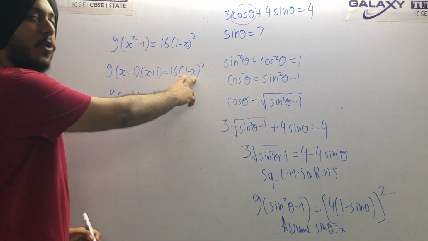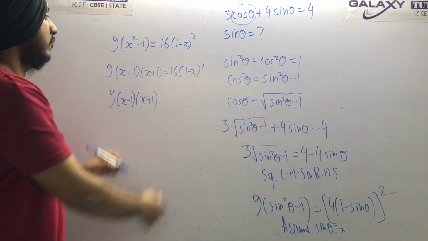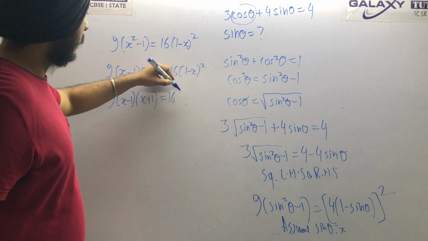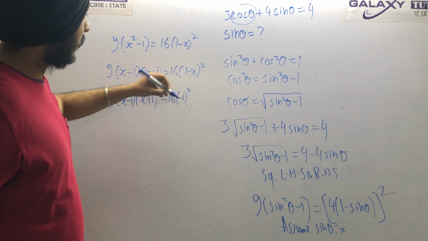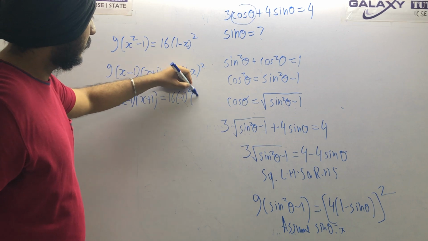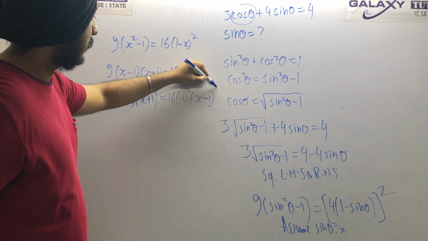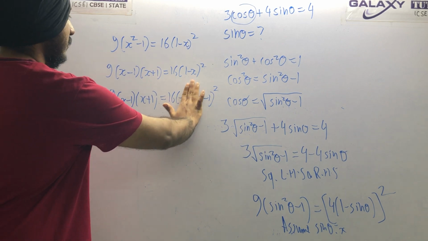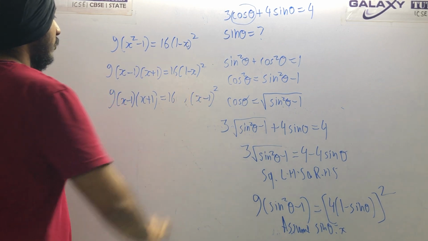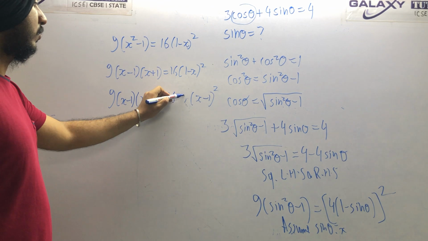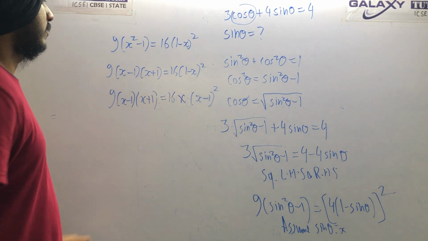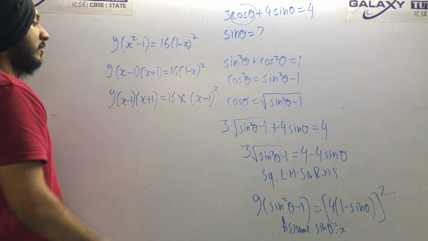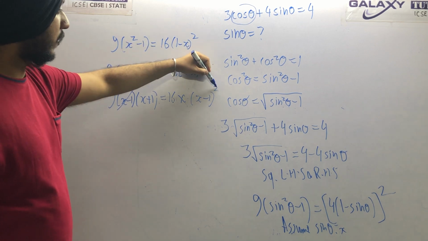Take out minus 1 common from this one. So 16 into minus 1 whole square into x minus 1 whole square. Minus 1 whole square is 1. So now look carefully: 16 into x minus 1 whole square, and x minus 1 can cancel one power of the square.